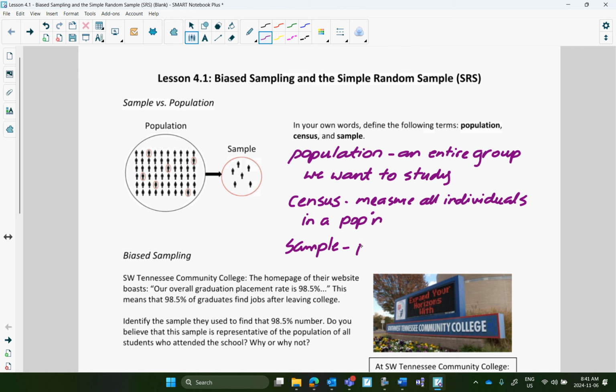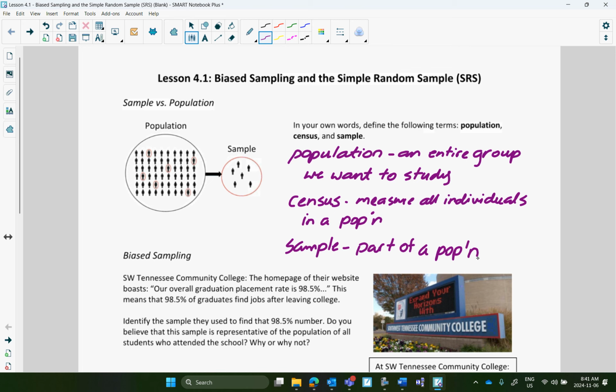Which is part of a population. So let's say I want to know favorite social media platform of grade 12 students in Winnipeg.